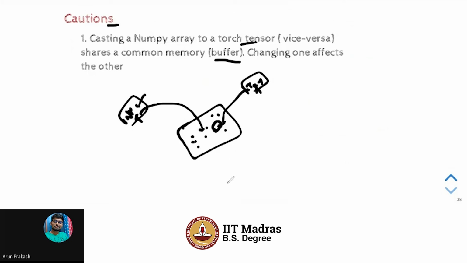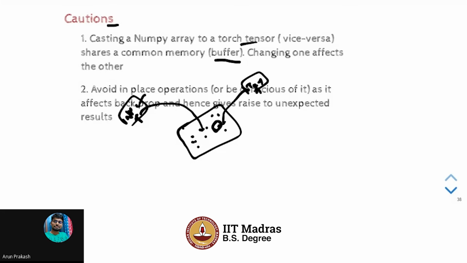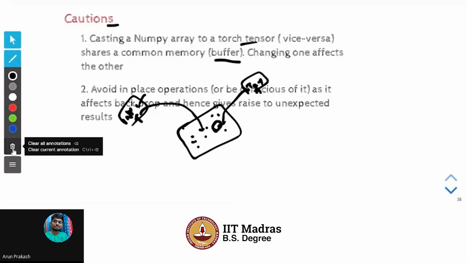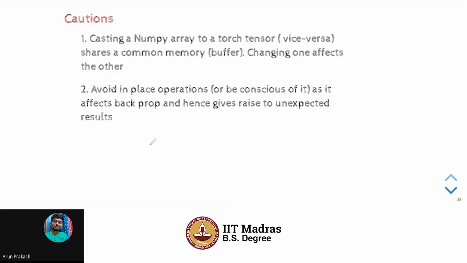Those things might cause unexpected errors or performance degradation. Oftentimes it raises a warning. When the framework itself raises a warning, pay attention to it, don't ignore it. It might cause potential problems that we may not realize until we train.